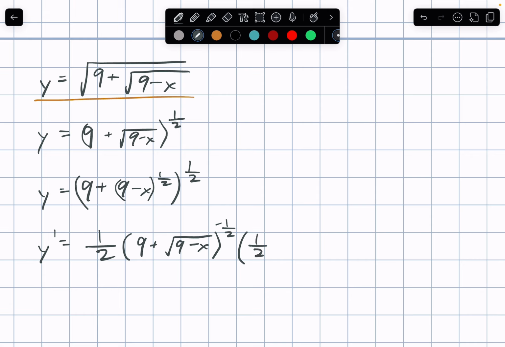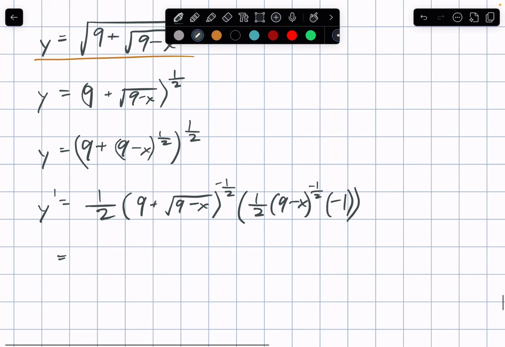So this becomes 0 because it's a constant. Here we apply power rule. So bring down 1/2, copy this, and then we have a negative 1/2 in the exponent position, and then -1. That's it. And then simplify.